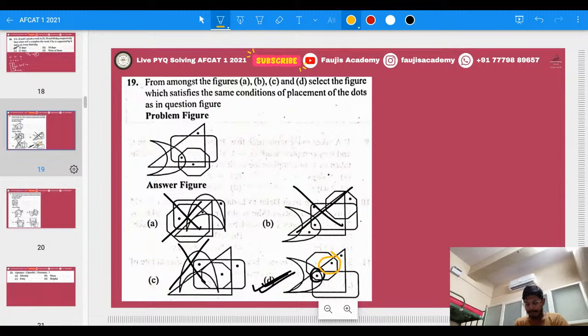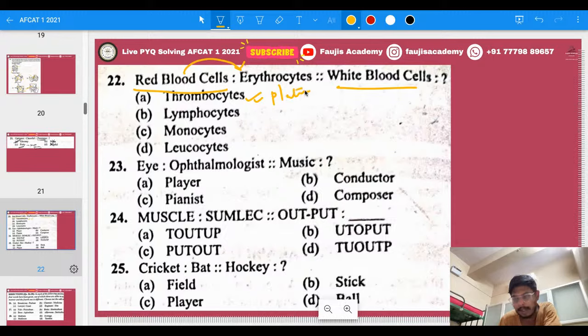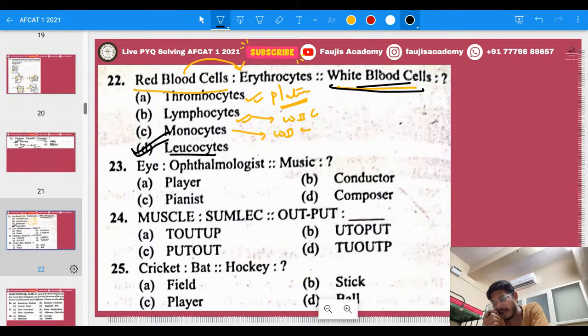Yeah, leukocytes, absolutely. Lymphocytes is a type of WBC. Monocyte is also a type of WBC. Leukocytes is the other name of white blood cells, which actually works as the immunity for the body.